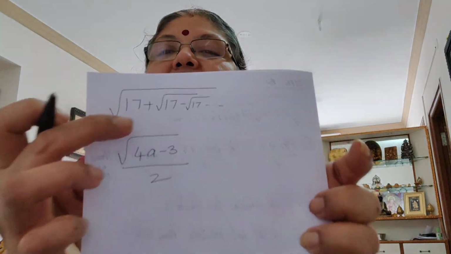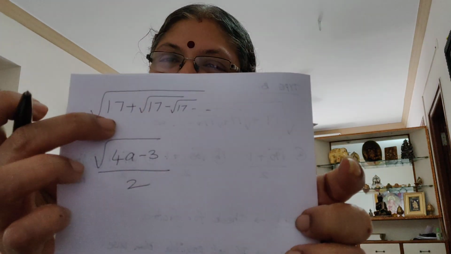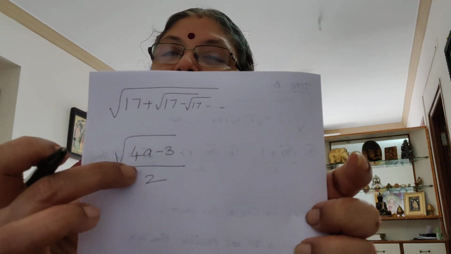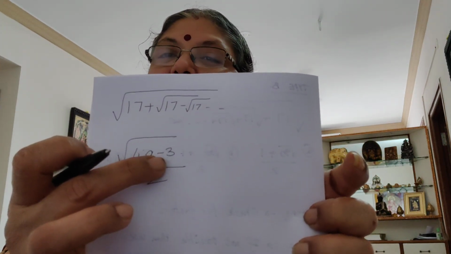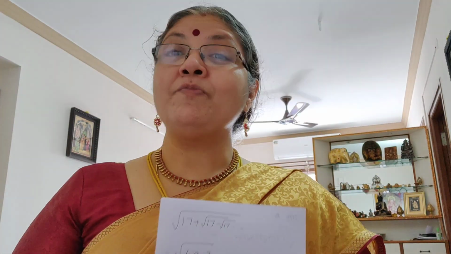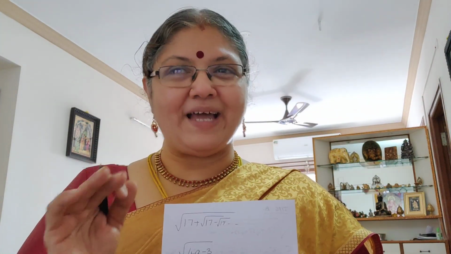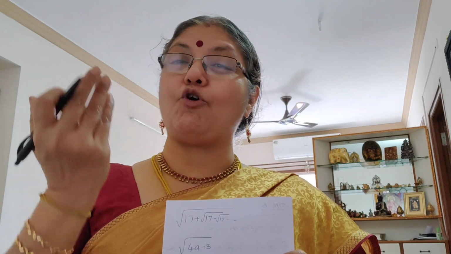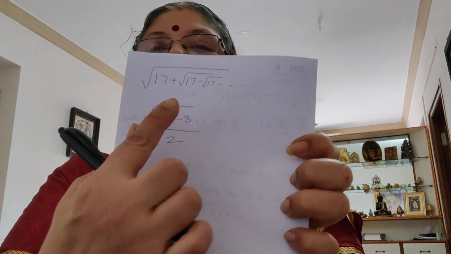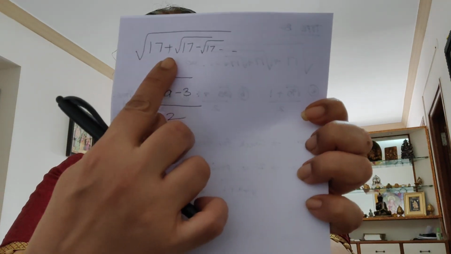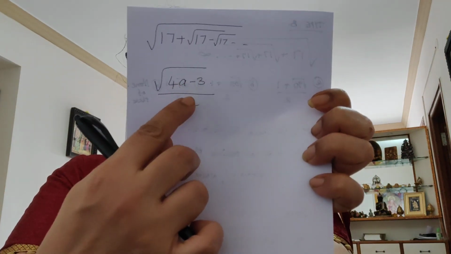And remember, after you get the answer, what is your a? Here in this case, again, it is 17. So you will have square root of 4 multiplied by 17 minus 3 divided by 2. And don't stop there. Like last time we had done plus or minus depending on the sign. But here it is alternating. So just look at the first sign. If it is plus, you will have a plus 1.